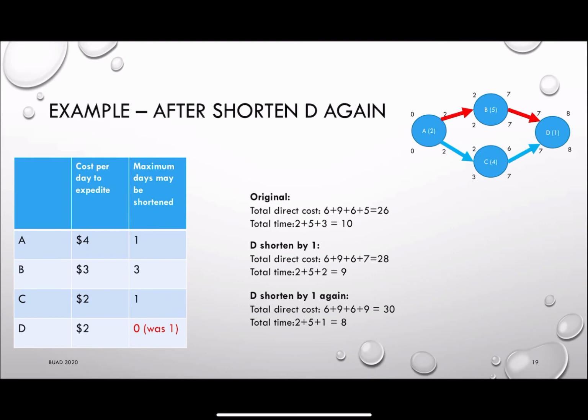So we actually want to cross out D, because you can no longer improve activity D. Which means the only thing we can do will be either activity A or activity B. And B will be cheaper, so that's what we are going to do. We will try to reduce B by 1 unit of time. Which means when B is shortened by 1 unit of time, our total direct cost becomes $33. However, our total time will become 7. And that will be 1 unit shorter than the previous one.